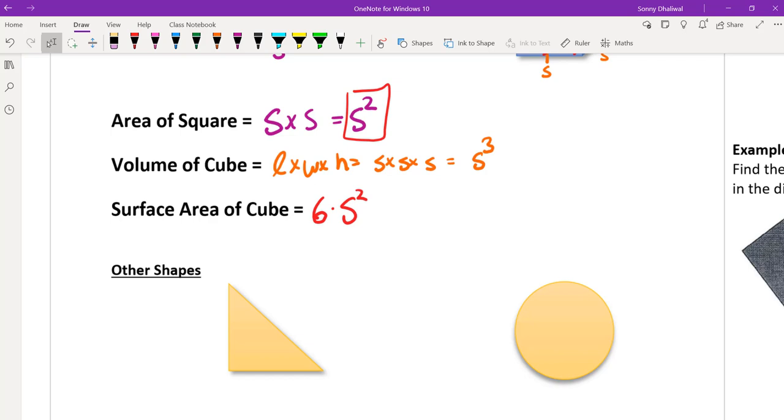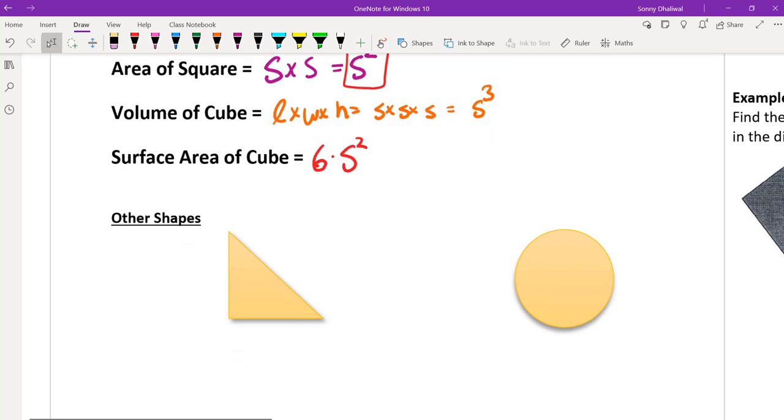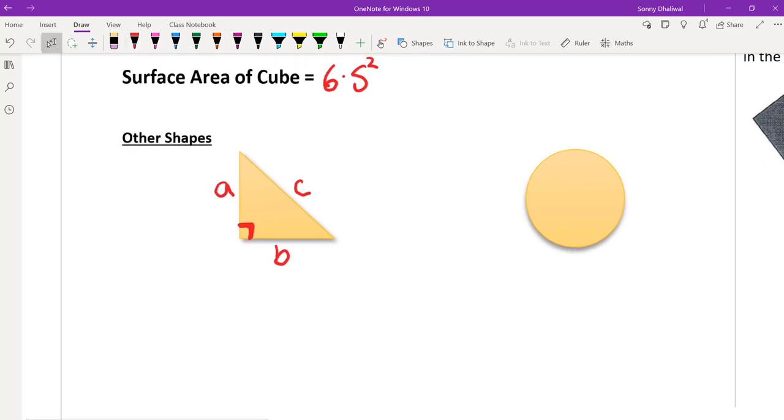All right. Now, you also worked with triangles last year. You remember the formula to find sides of a triangle? That was for area. I'm looking for sides. Yeah, a squared plus b squared equals c squared. Right?